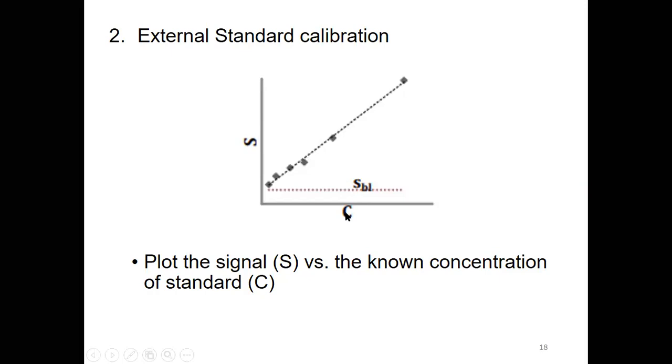Also, if you know the equation of this graph, let's say it is a y equals mx plus c type graph, by plugging in the y value as the signal intensity, you can find the x value, the concentration, easily. So by using either of these methods, we can find the unknown concentration.